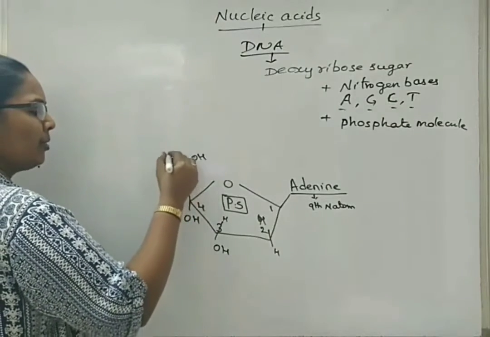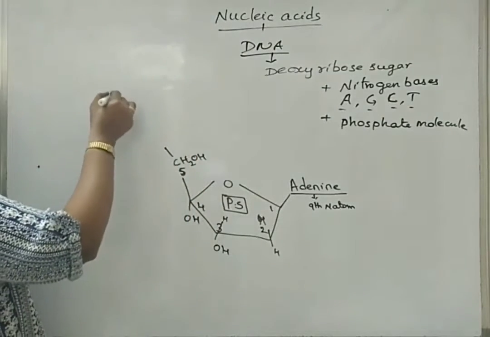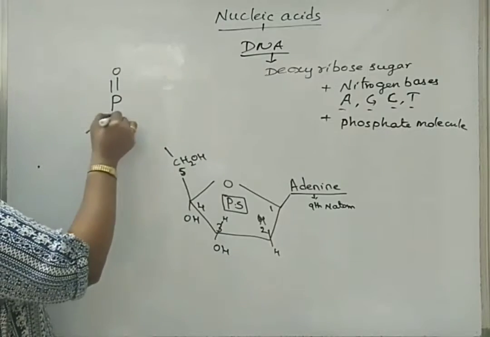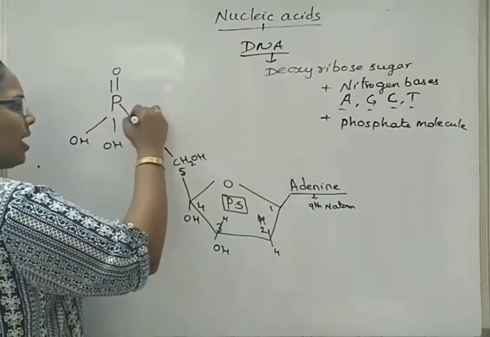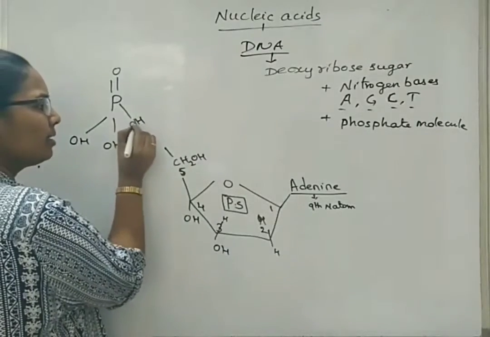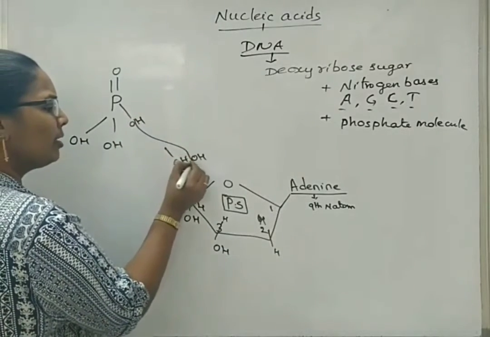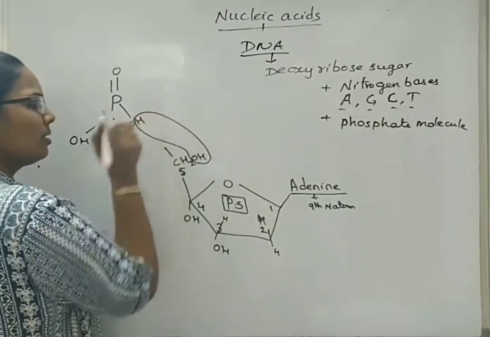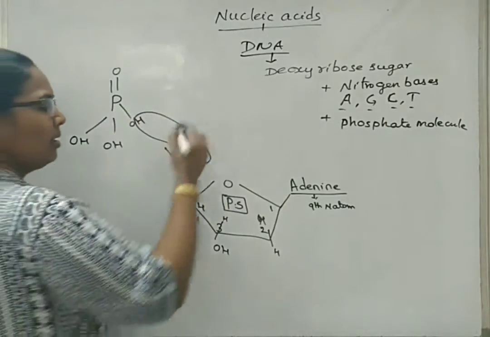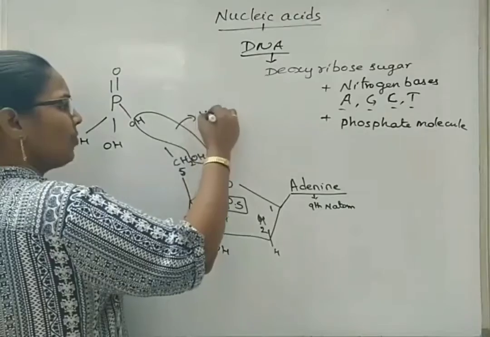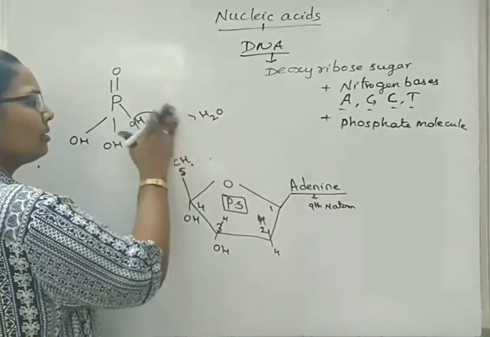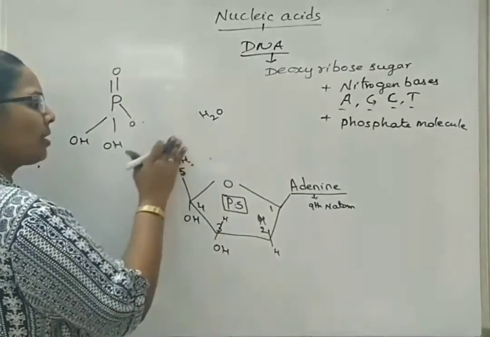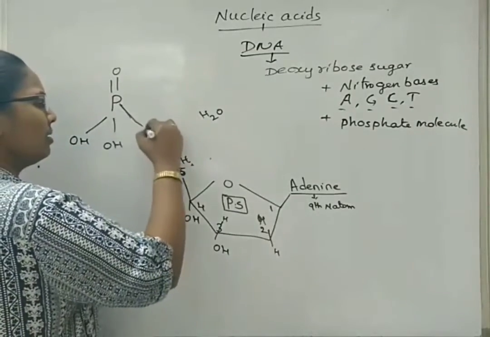At the 5th carbon position of the pentose sugar, it will be attached to the phosphate molecule like this, OH, OH, and another OH has to be present here. But the hydrogen of the pentose sugar, of the OH of the CH2OH, that is the 5th carbon, is removed in the form of water and now forms a bond between oxygen and carbon like this.